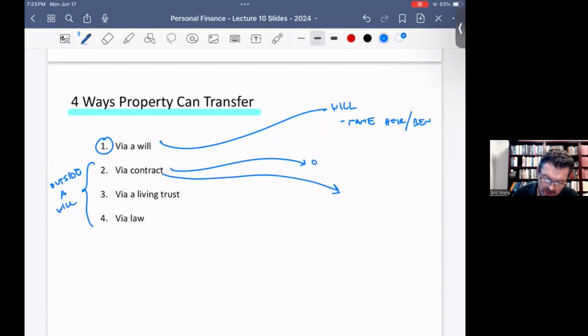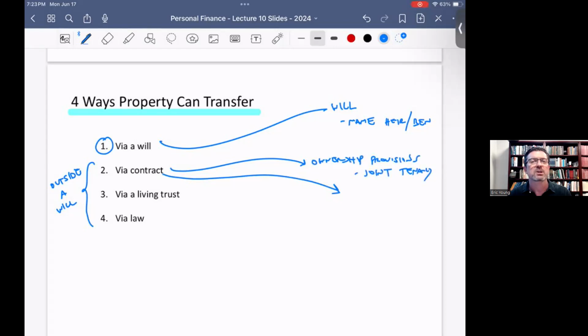Number one, ownership provisions. In other words, it's possible to have what's known as joint tenancy, effectively where you co-own property with somebody.